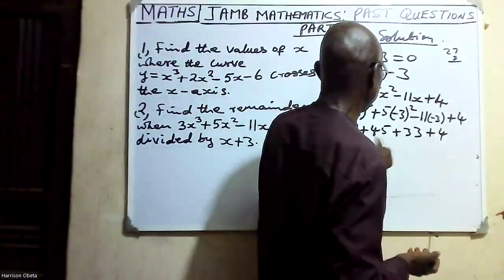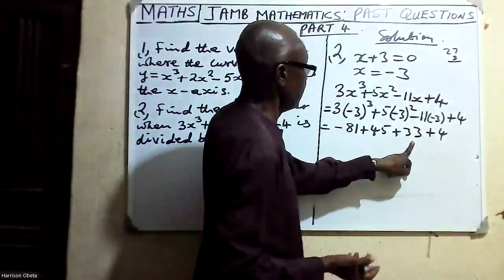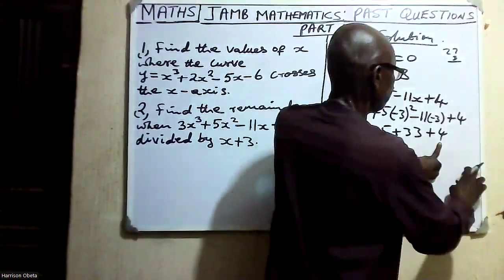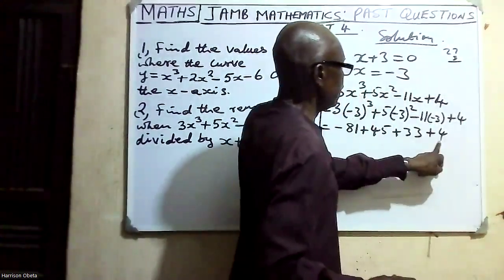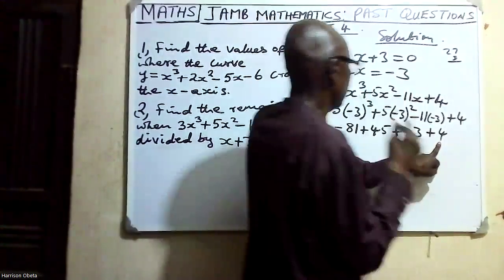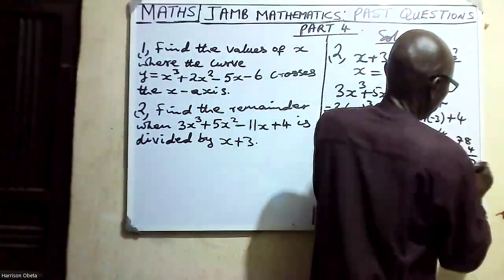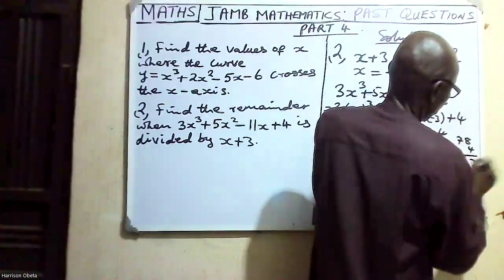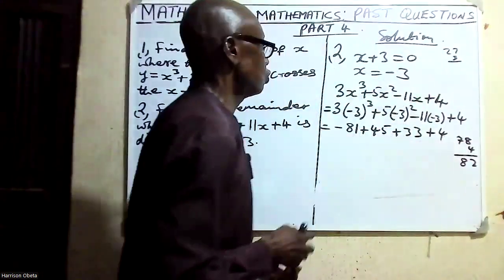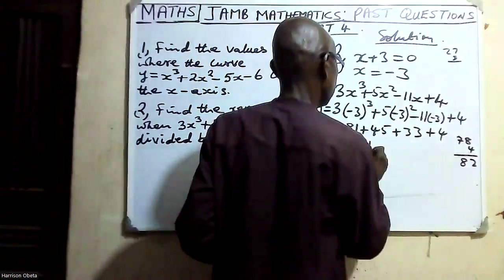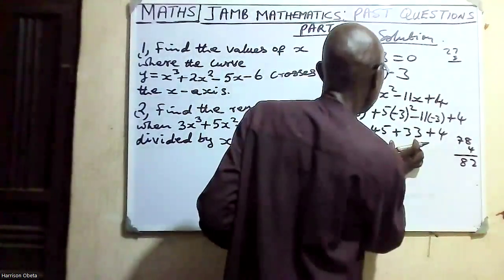33 plus 45 plus 33 will give us 78 plus 4. 78 plus 4 will give us 82. 82 minus, so that will give us minus 81 plus this is 78.